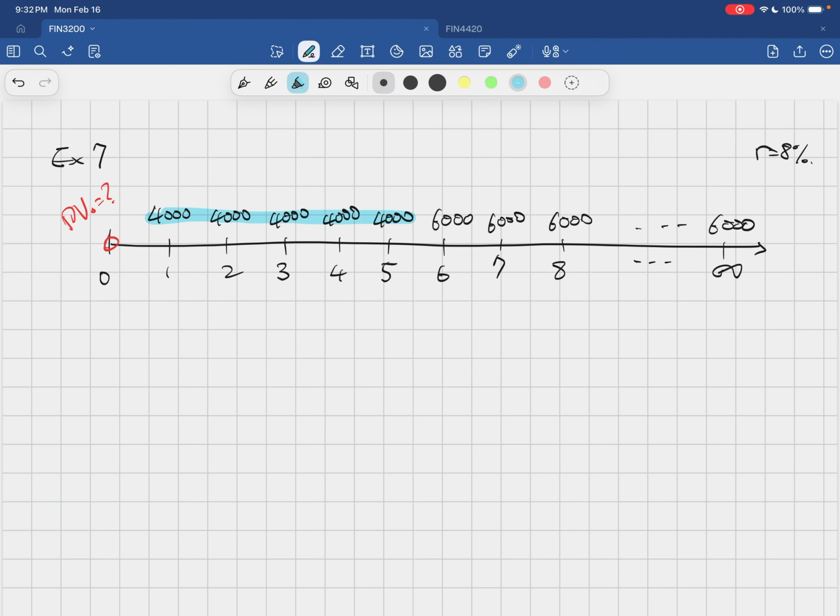This one is an annuity, and the second one is a perpetuity, so it goes on forever. I'll just write it down. The first one is an annuity. The second one is a perpetuity.